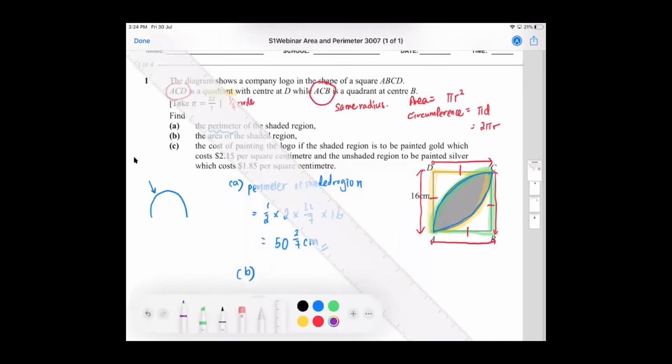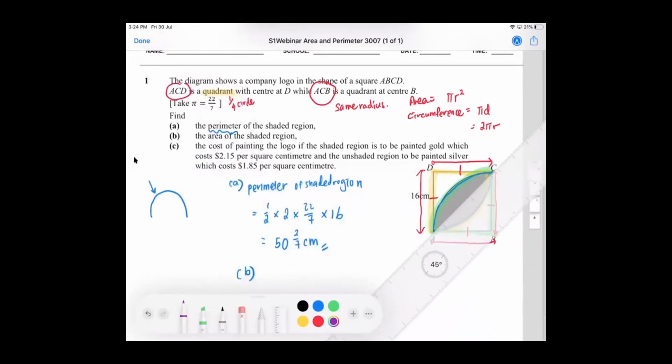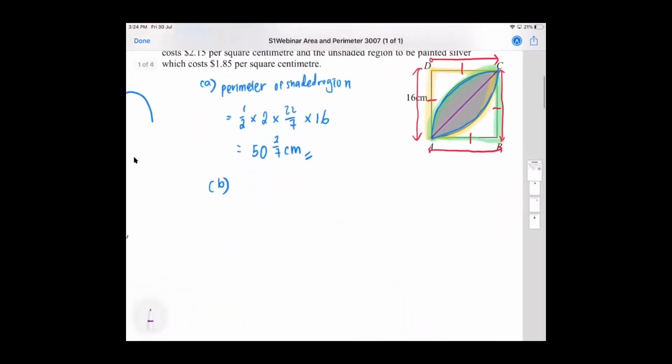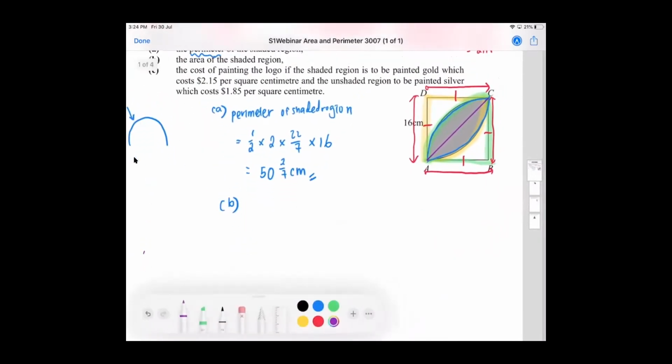You take a ruler, place it here, and draw the diagonal AC. Then there are 2 half leaves, and 2 half leaves form 1 leaf. So I find 1 half leaf first. Most of you would do this. That's not totally wrong, it's not wrong at all, but it's more time consuming.